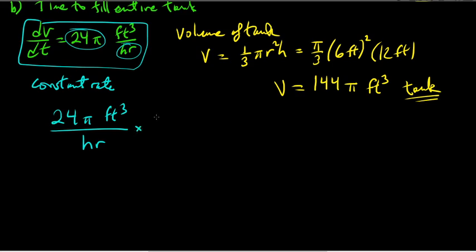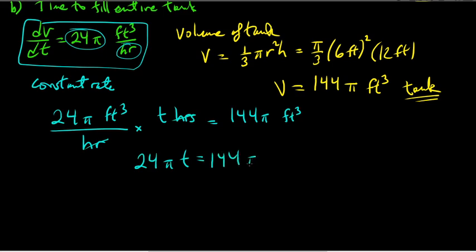So the question is, we multiply by how many hours, let's say t hours, to get the full tank of 144 pi cubic feet. See that? So 24 times pi times t is 144 pi.